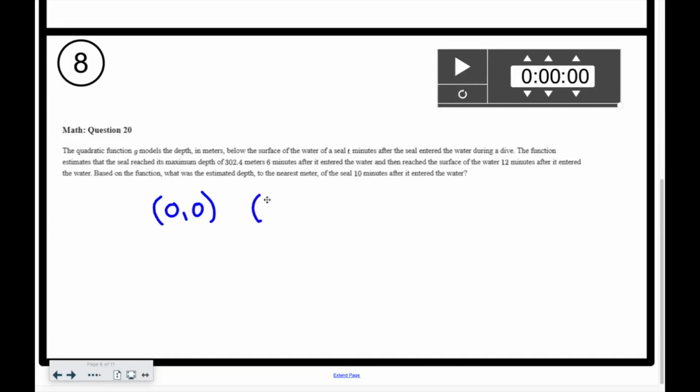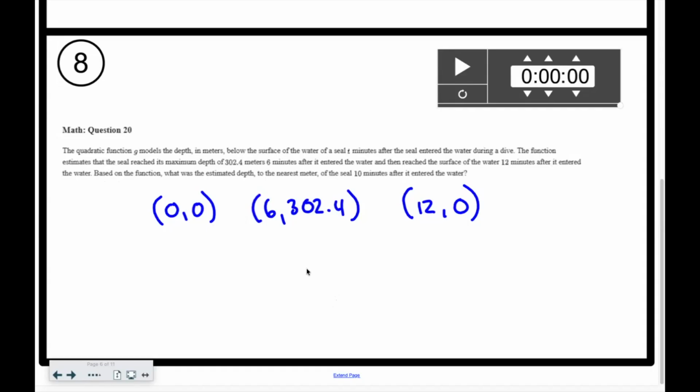And then after 6 minutes, it's at 302.4 meters. And then after 12 minutes, it reached back to the surface. So those are the 3 coordinates that I can take from that.